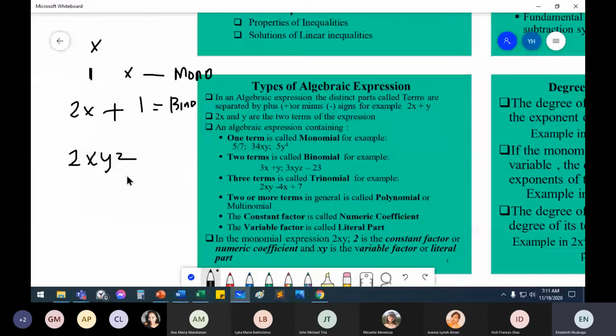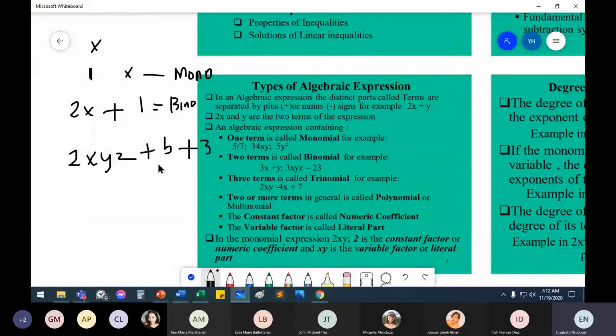So the moment a plus or minus is introduced between two terms or two algebraic expressions, it means it's going to become more than one termed algebraic expression. So now we have here a plus, it could be a minus. So this one too could be plus b, and then maybe plus 3.